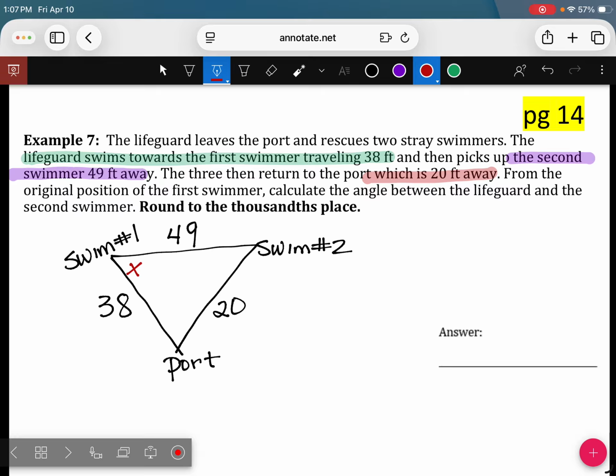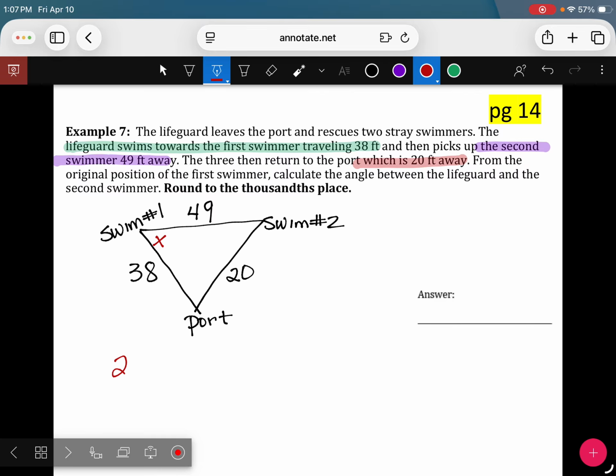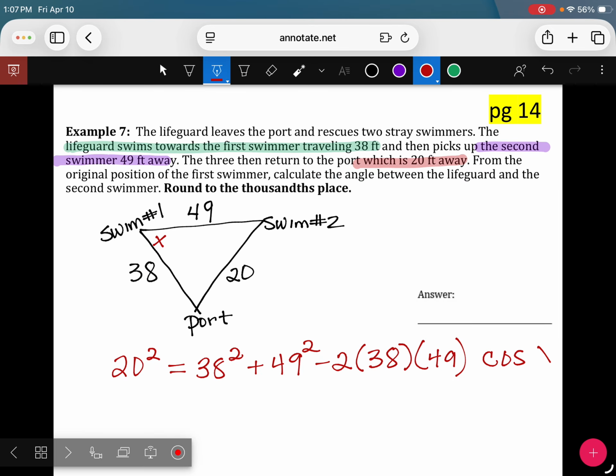So we're going to start off with the 20, and we're not going to use that number 20 at all anymore. We're going to set that equal to the other two sides squared, and then it's minus 2 times 38 times 49, and we're going to end with the cosine of x. So again, we have to solve it. So we have to break it up to 3 pieces.